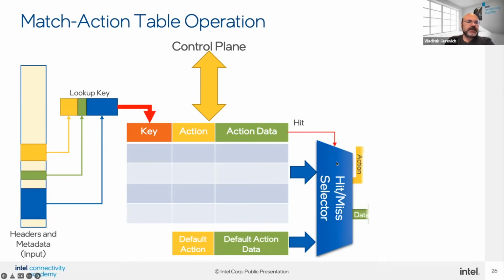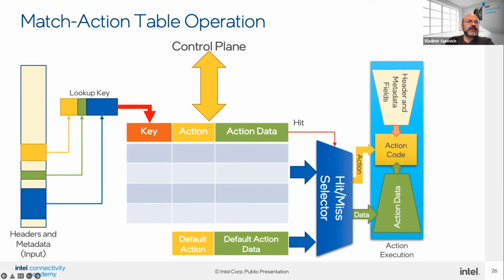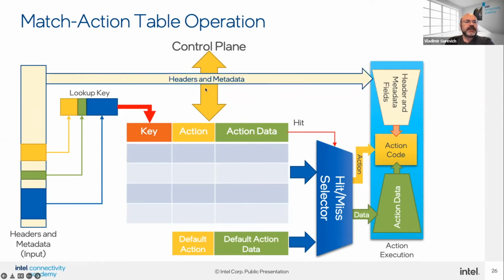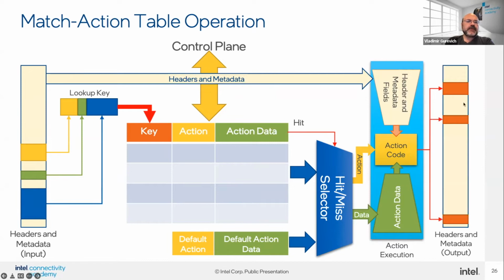And once we have a choice, we make a choice using that little hit signal, which one of those 2 we're using. The results will go into the execution unit. The same execution unit also has access to other header and metadata fields that are carried on that bus. And the results are placed back onto the same header and metadata bus.